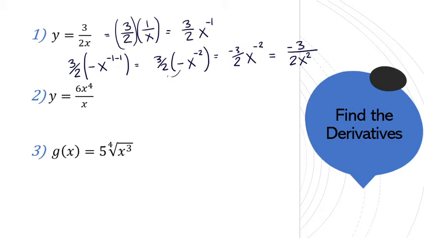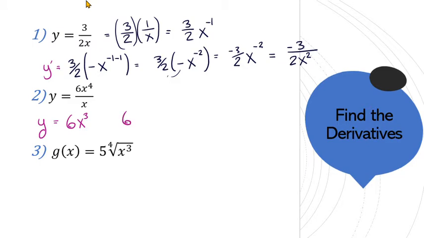For number 2, before I even start, I can make my life simpler because I certainly don't know how to deal with a quotient, a function over a function, yet. That's coming next time. So let's do a little simplifying. X to the power of 4 over x is simply x cubed, using that exponent law, 4 minus 1. So now we are going to do our constant times the function.